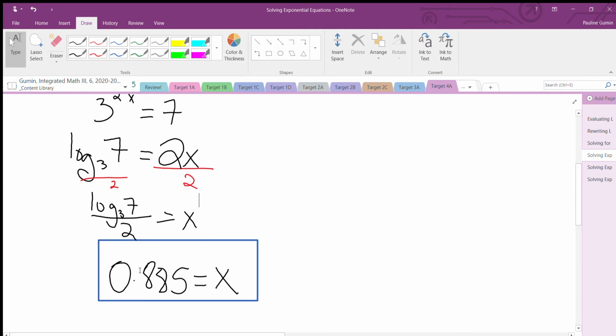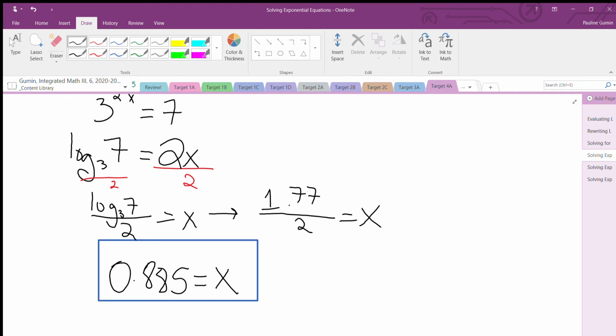If you were to use it, what you would have to do is first evaluate log base 3 of 7 and then divide that number by 2. So just as a side note, in case you were doing that by hand, what I really ended up doing is getting 1.77-ish over 2, and that's how I got my decimal. Just in case you were curious about how I entered that into my calculator.